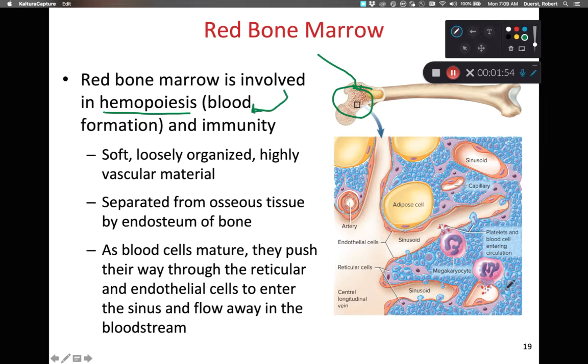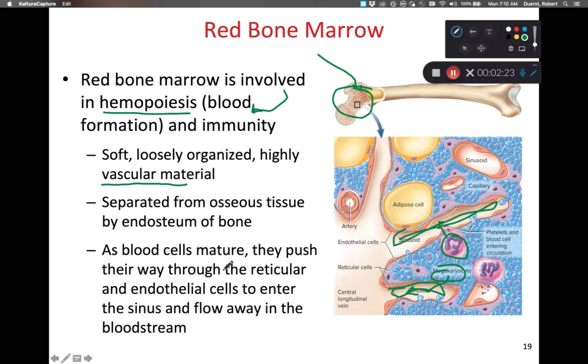I like this figure in that it shows some megakaryocytes right here, fragmenting off and having platelets entering the bloodstream from a blood sinusoid. And this blood sinusoid also is showing lots of leukocytes entering into the bloodstream at that location. Now this red bone marrow is highly vascular. There's a huge amount of blood vessels in it.